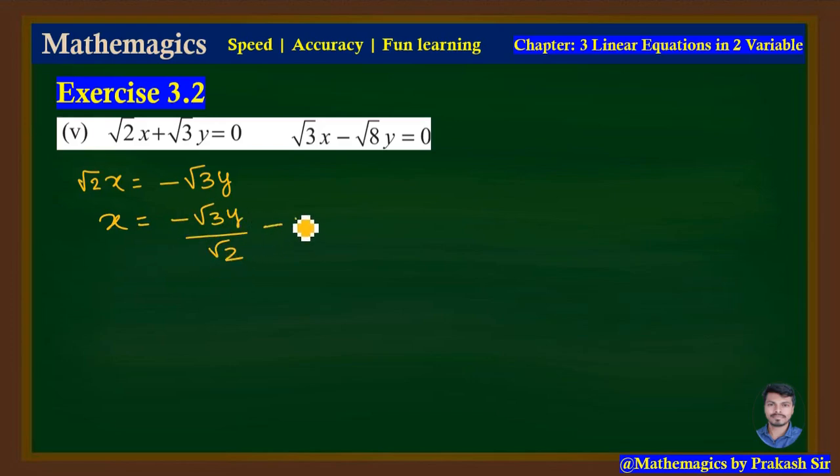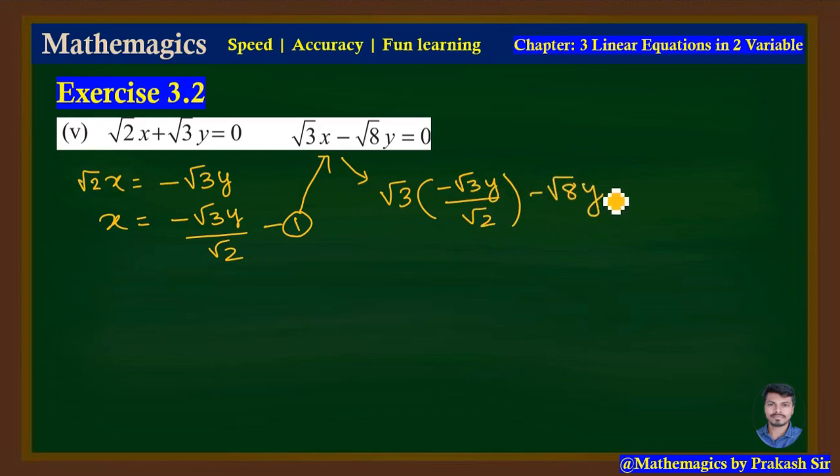So I'm considering this one the first equation, and I'm just going to put it here, and this value becomes root 3 into x value, which is minus root 3y divided by root 2, minus root 8y is equal to 0. So let us solve it. Root 3 into root 3 becomes 3, plus into minus becomes minus.